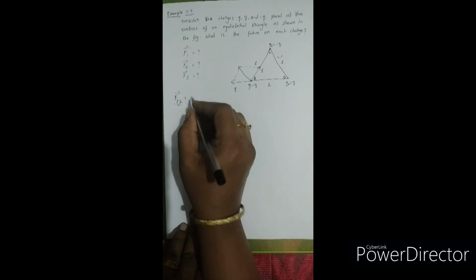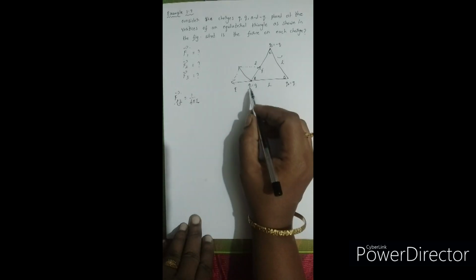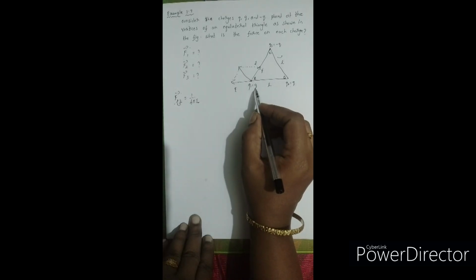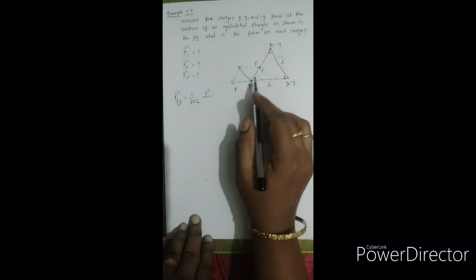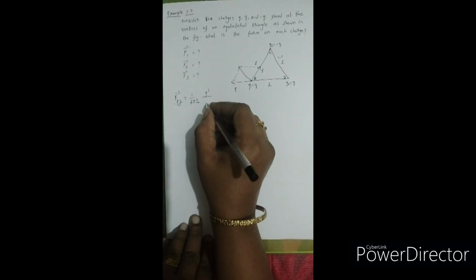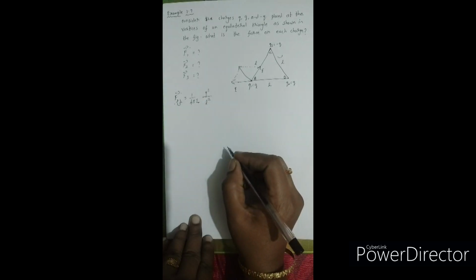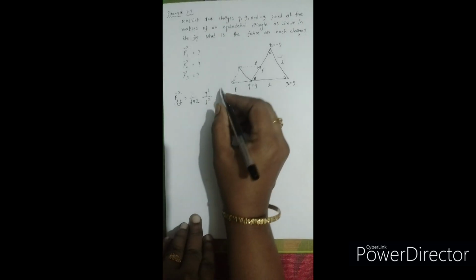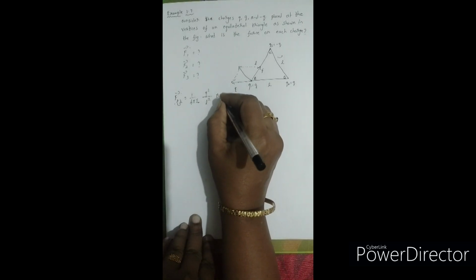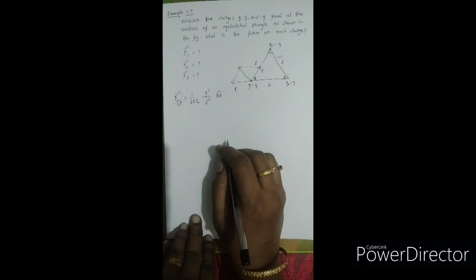So what will this be equal to? 1 by 4 pi epsilon naught Q1 Q2, right? Q1 Q2 is Q Q. So Q square divided by the distance between the charges, that is your L square. Okay, right? And the direction of this is along what? BA. Okay, BA unit vector.